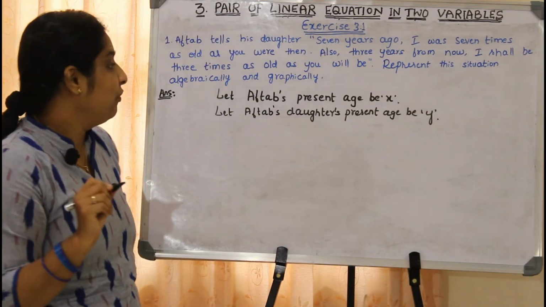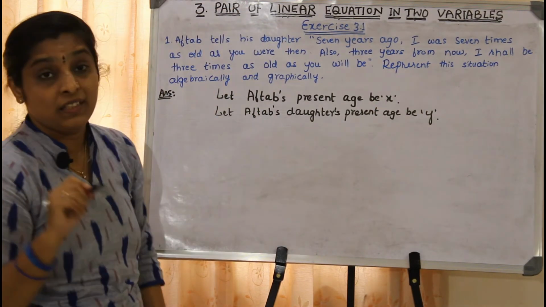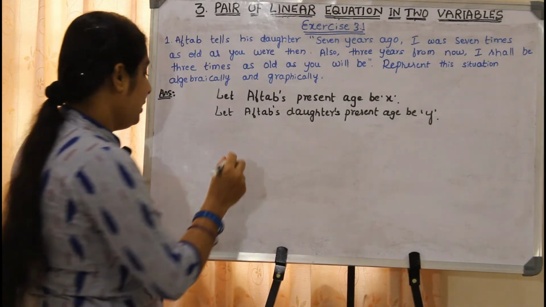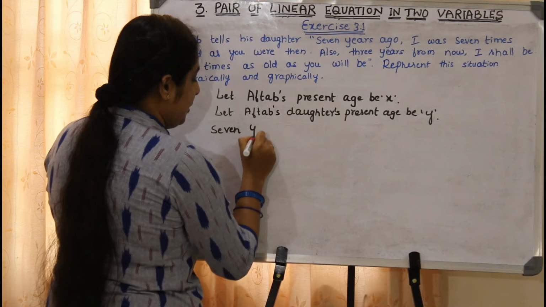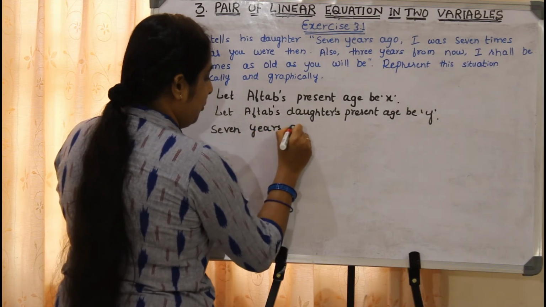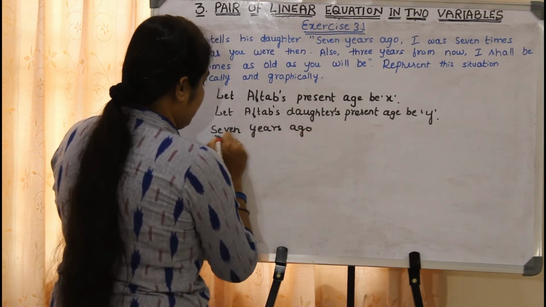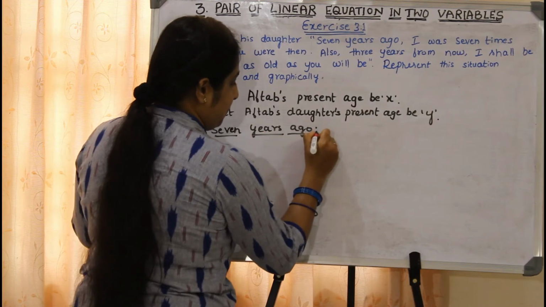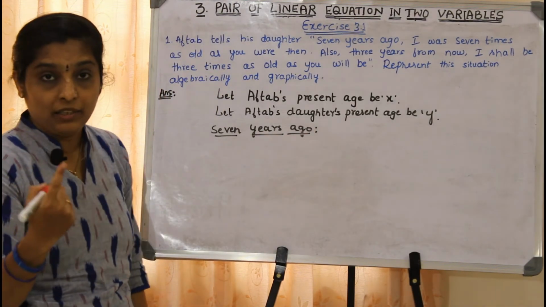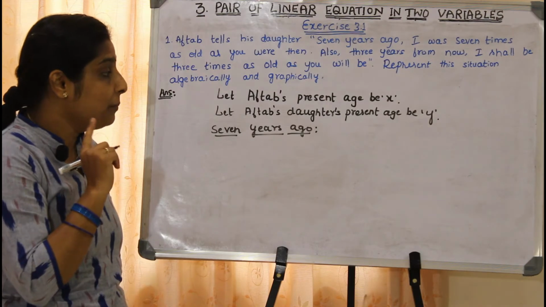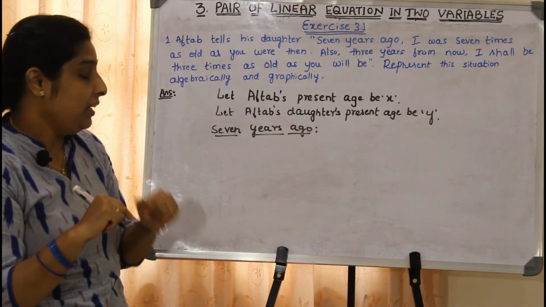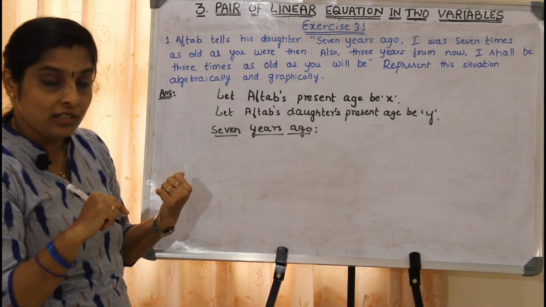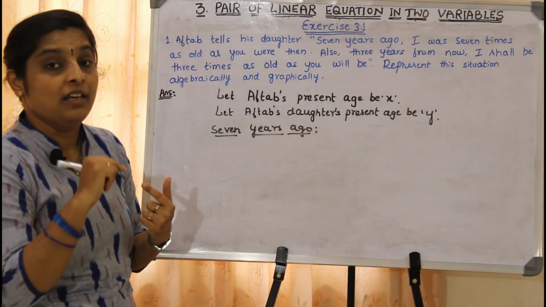Now we have to first find 7 years ago. What had happened 7 years ago? What was Aftab's age 7 years ago? Now his age is x. Then 7 years ago his age was, yes, x minus 7.